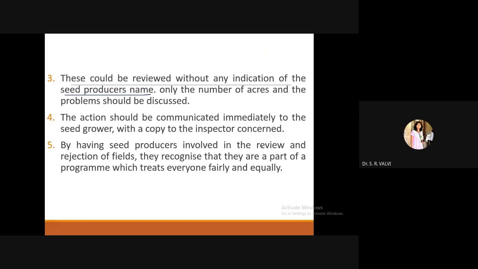You have to show your reviews, why you have rejected their field, and tell them these are the mistakes and you have to fulfill this criteria, then your further process will happen. So that you treat everyone equally and fairly by doing such a process.